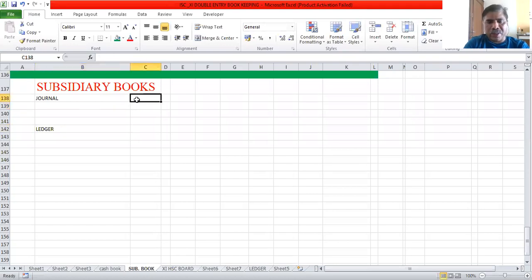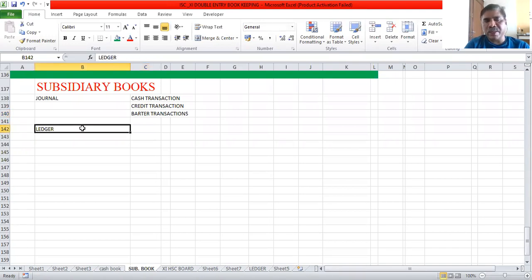We recorded all types of transactions: cash transactions, credit transactions, even sometimes a barter transaction, exchanging of goods. So all these transactions are recorded in one particular book. Then these journal entries will be posted to another book, the secondary book, which we call ledger.